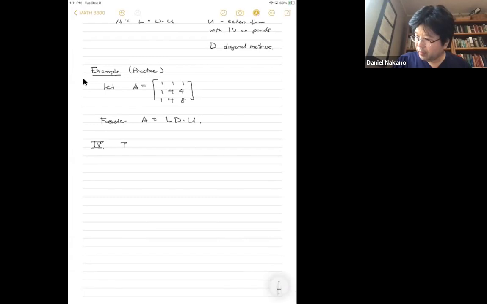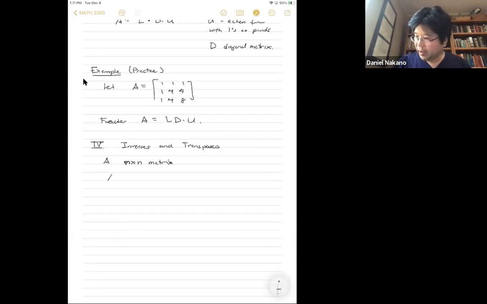Okay, so this is called inverses and transposes. So A here is an n by n matrix, so it's square.